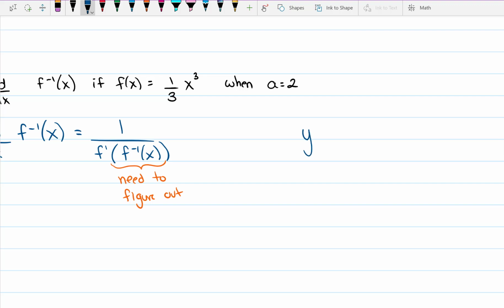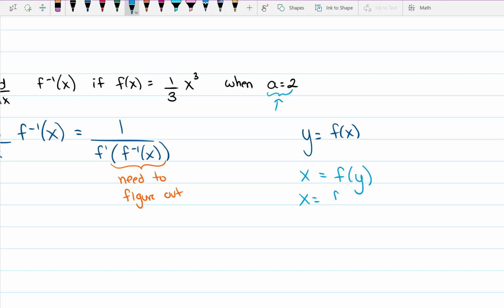Normally, we have y equals f of x. That's what we normally have. But now, because it's an inverse, we're going to swap these. You get x equals f of y. And so our y value in this case is 2.